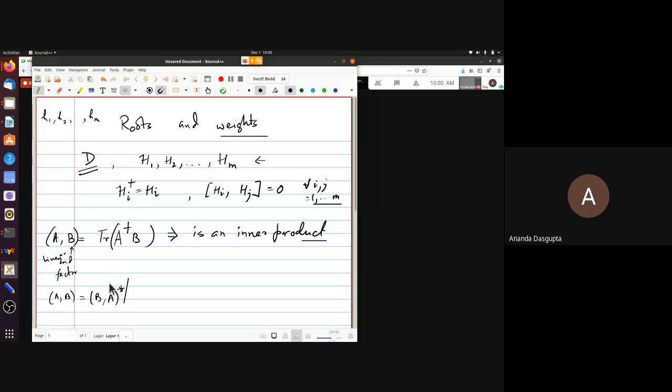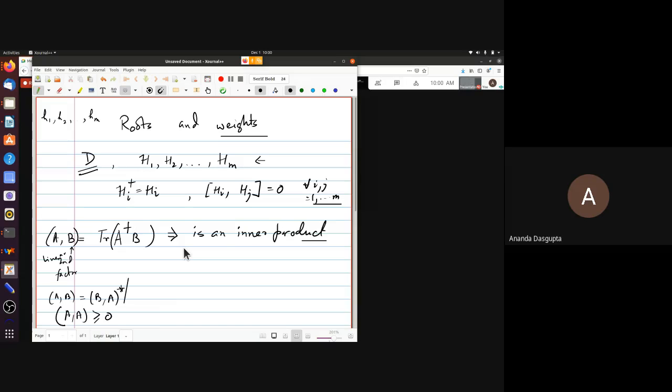This is standard for inner products in a complex vector space. Okay, and of course A comma A, in case of A dagger A, you can easily check that this has to be non-negative and is 0 only when A is 0. So all the properties of the inner product are satisfied, and as a result you can define norms and lengths using this. And this is one of the standard norms that you use when you're dealing with operators.